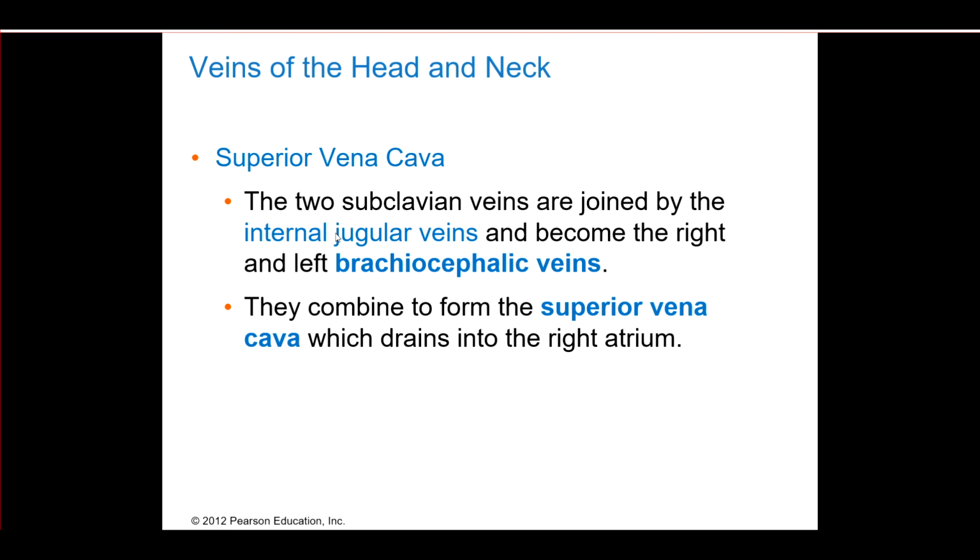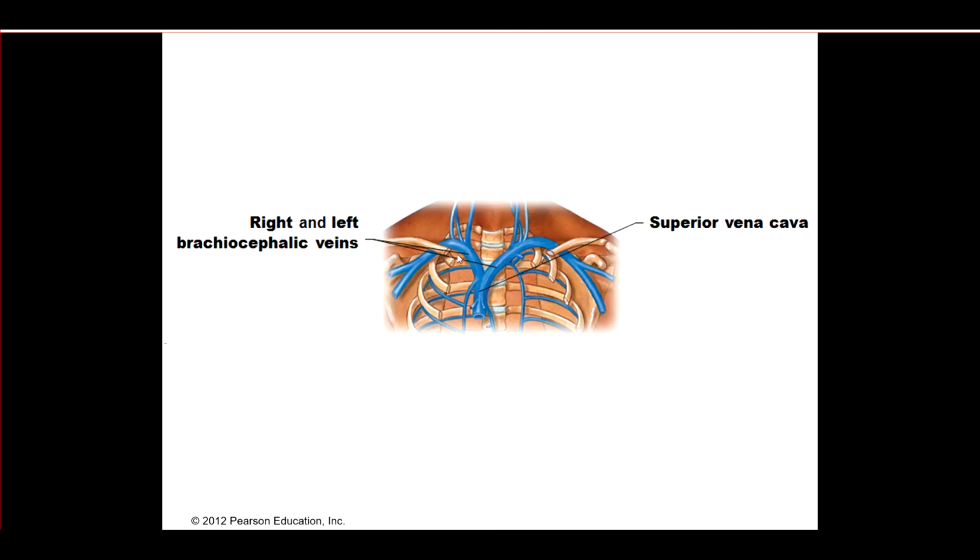There's going to be two, one brachiocephalic on the left, one brachiocephalic on the right. They unite to form the superior vena cava. And again, it's going to look like a peace sign when you look at it straight on anterior. Right brachiocephalic vein, left brachiocephalic vein. They unite. Here's your superior vena cava.